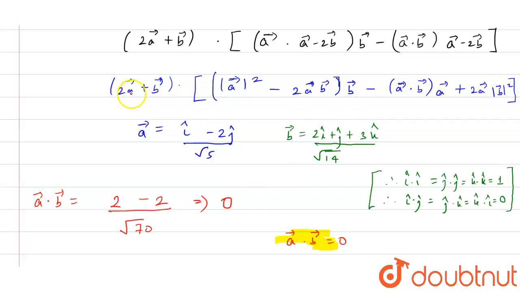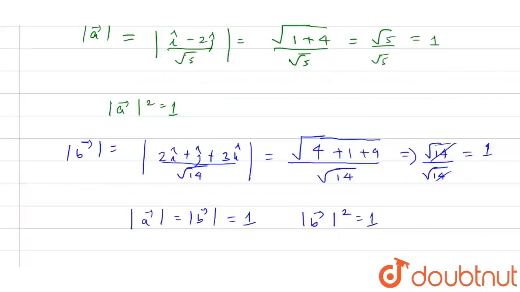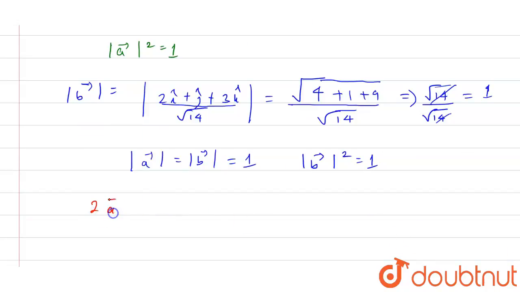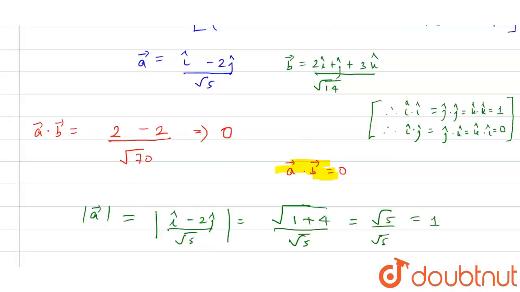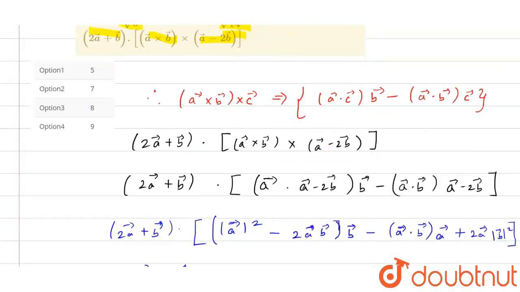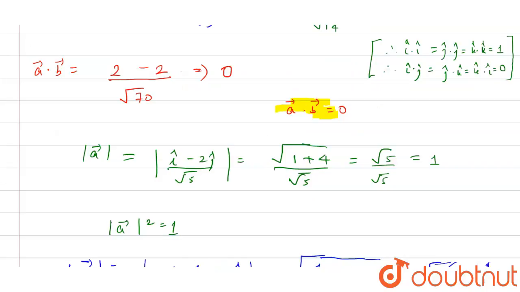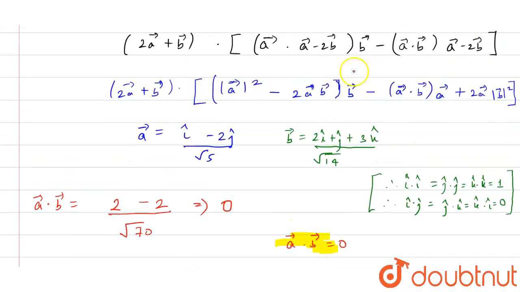First of all, we take 2a vector plus b vector as it is, and now in the bracket we have the equation. The modulus of a square is 1 multiplied by b vector, so we get b vector. Similarly, this a vector dot b vector will become 0, so this whole term becomes 0.